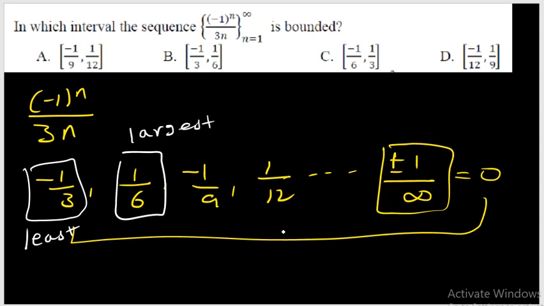So this is the whole possible outcome. The 0 is found in between them, and the other numbers are also in between them. This is the possible largest outcome of the sequence, and possibly the smallest number is negative 1 over 3. So the given sequence is bounded between negative 1 over 3 and 1 over 6. The answer should be B.